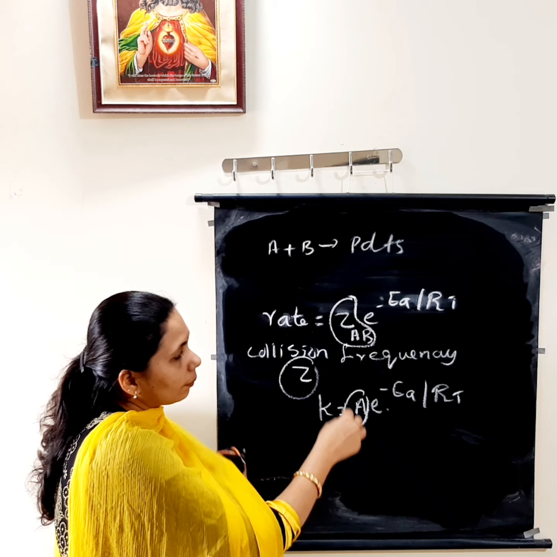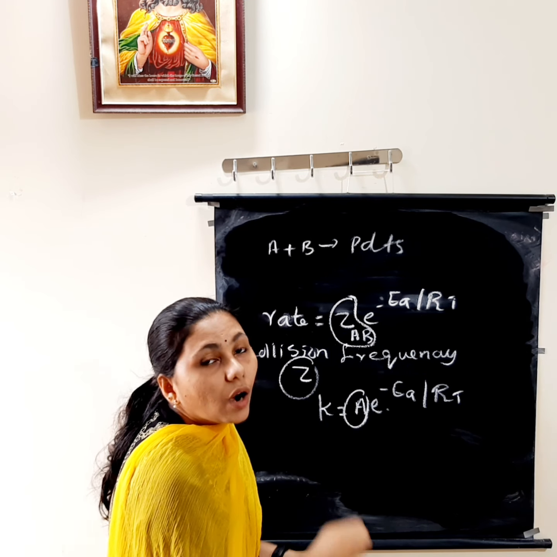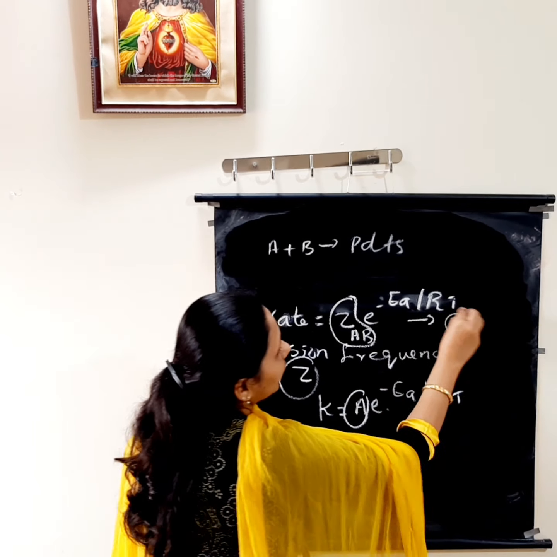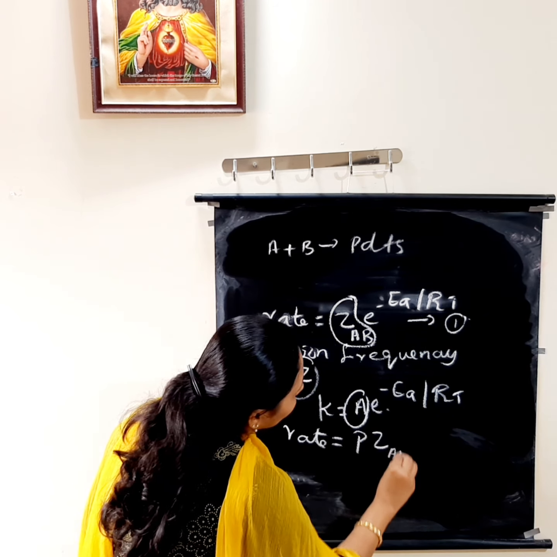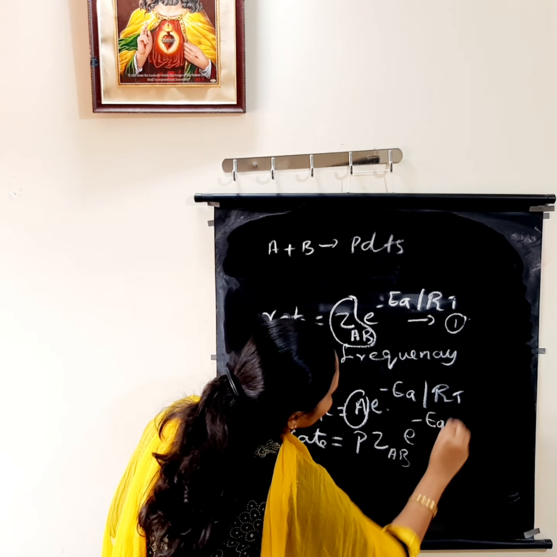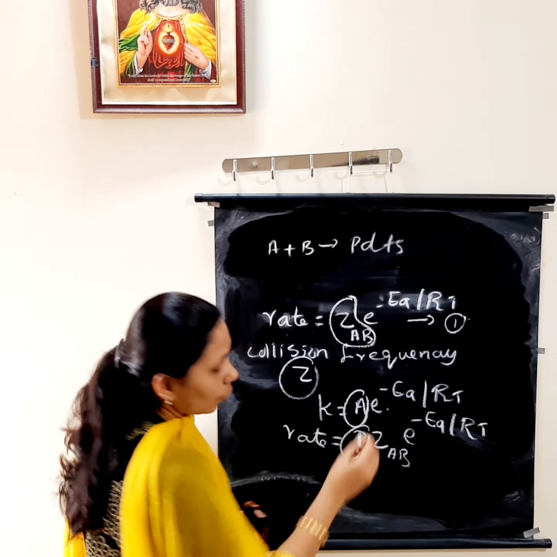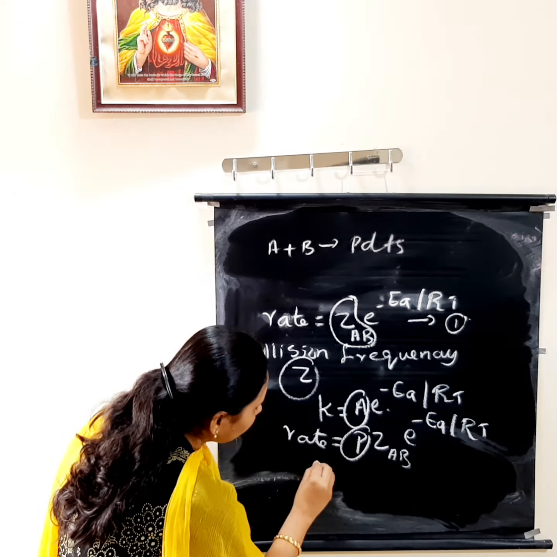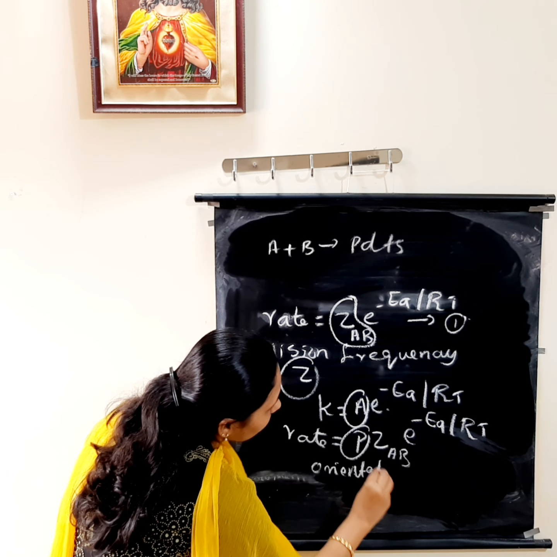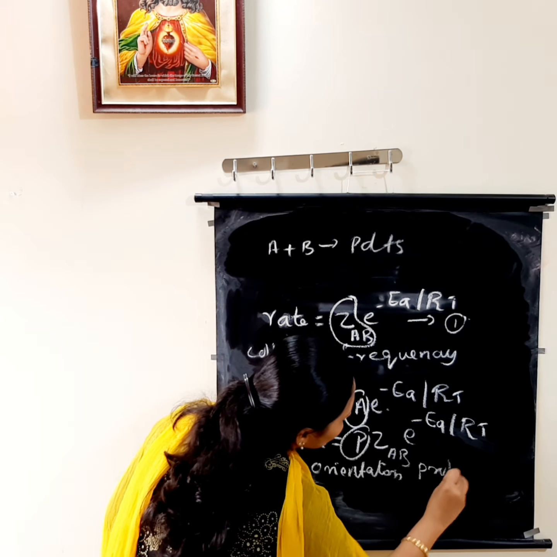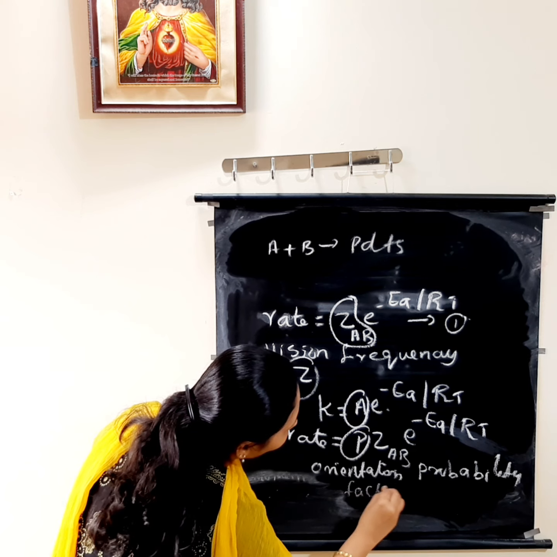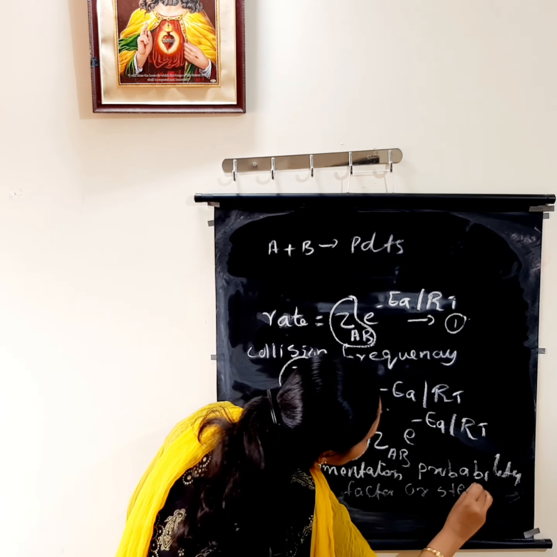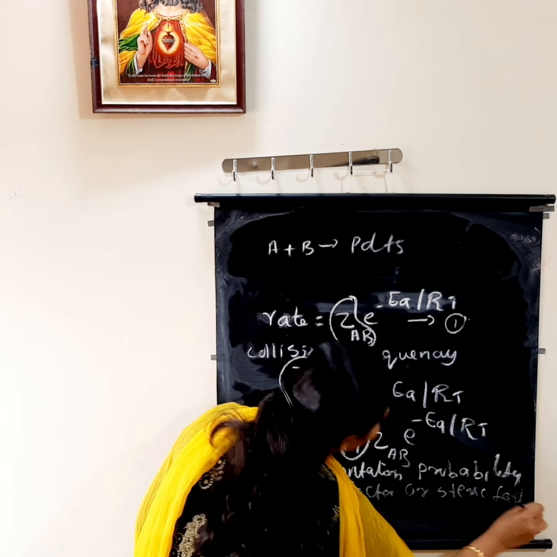To account for the proper orientation, one more term is introduced in this equation: rate equal to P into ZAB e raised to minus Ea by RT, where P is known as the orientation probability factor or steric factor.